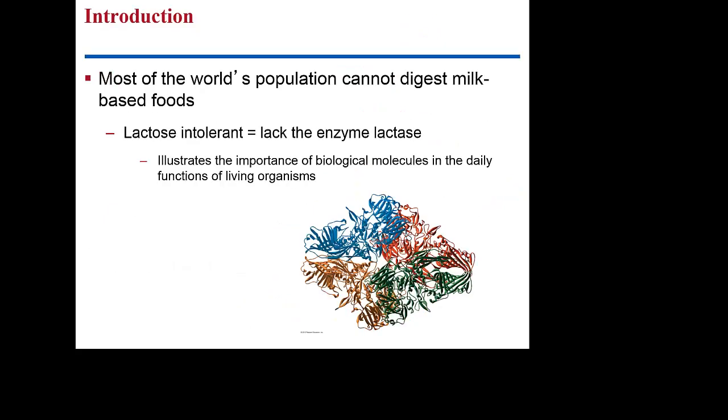We've talked about lactose before, and we've talked about the enzyme lactase. So we want to think about now really the structures behind these. I've mentioned to you before that ose is a sugar and ase is an enzyme.